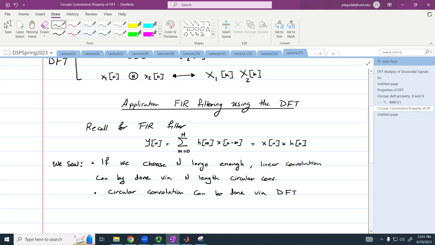So therefore, from 1 and 2, FIR filtering can be done using the discrete Fourier transform.